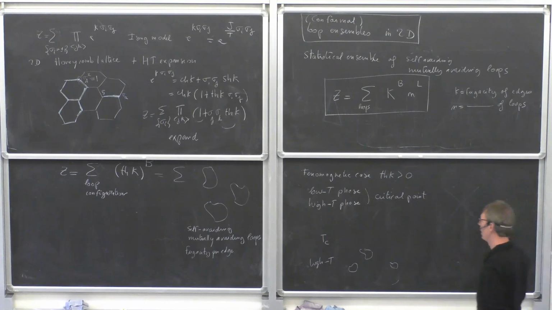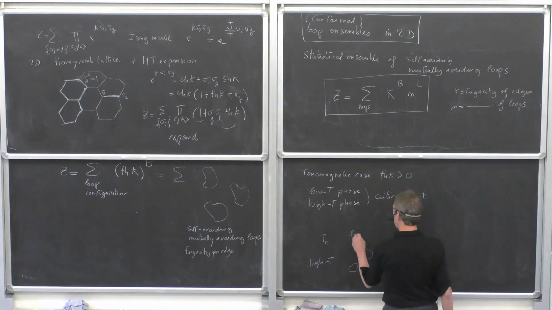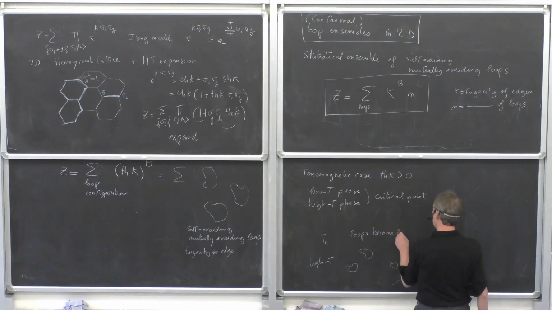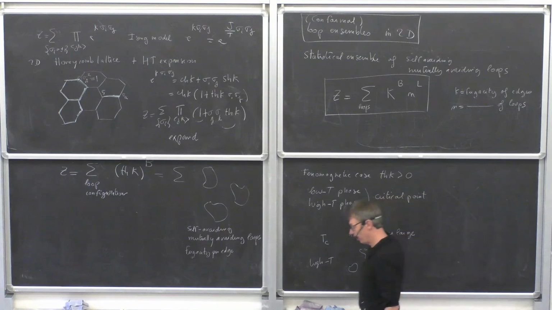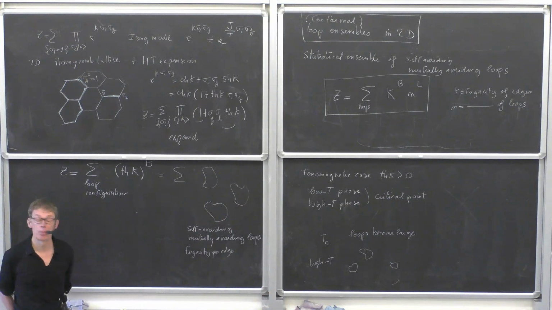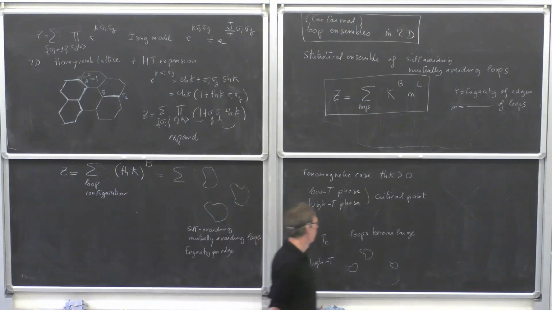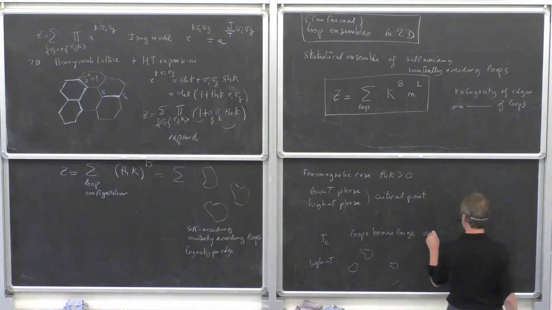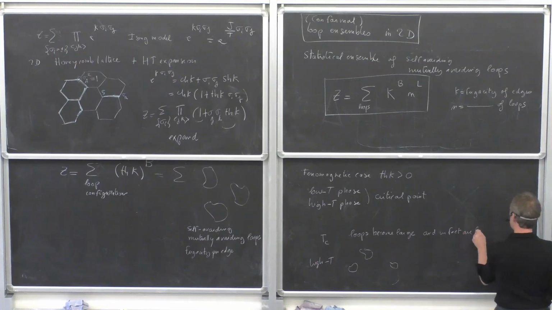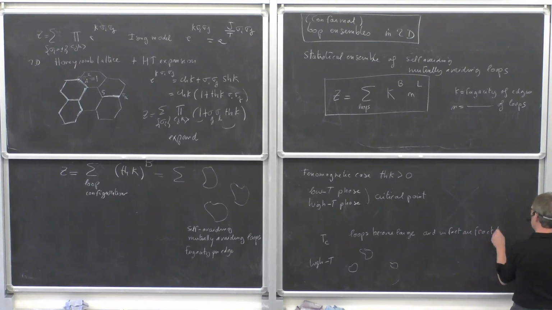At Tc, the loops become large. But more than this, the loops are interesting objects in themselves. They become fractals. The loops become large and, in fact, are fractals for a reason that I will explain in a minute if you don't see it.